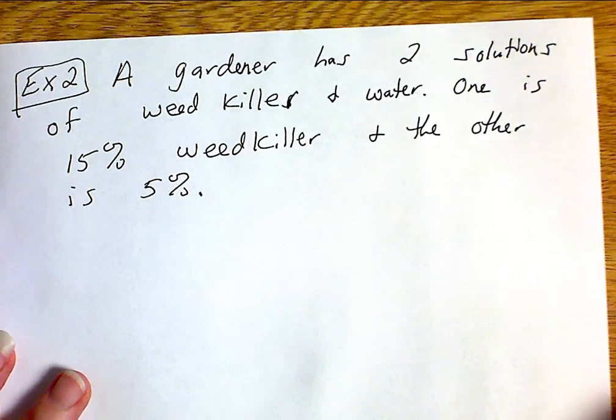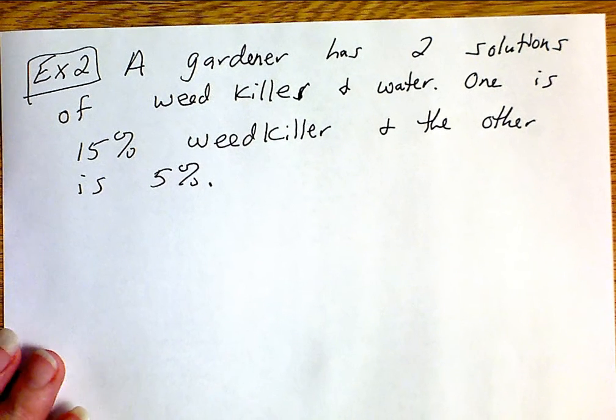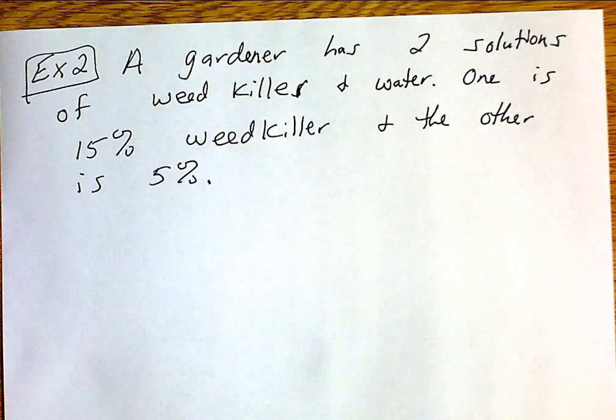All right. So I don't know if you know this, but if you go into the store and you buy weed killer, they don't all have the same amount of solutions. If it's cheaper, you're probably getting more of a watered down version. If you buy the more expensive one, it usually has a higher percentage in it.